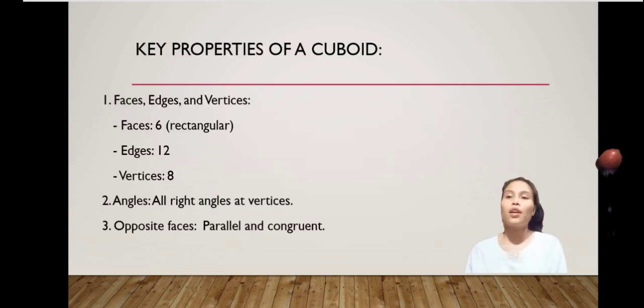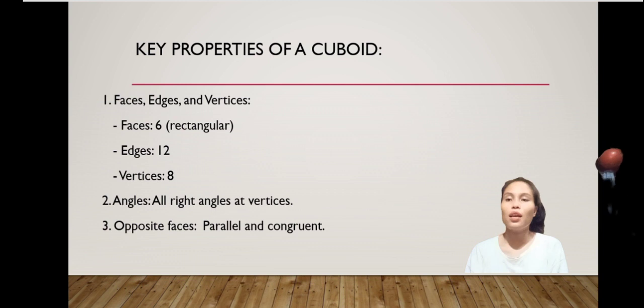Here are the key properties of a cuboid. Number 1, faces, edges, and vertices. It has 6 rectangular faces, 12 edges, 8 vertices, and its angles are right angles at the vertices.